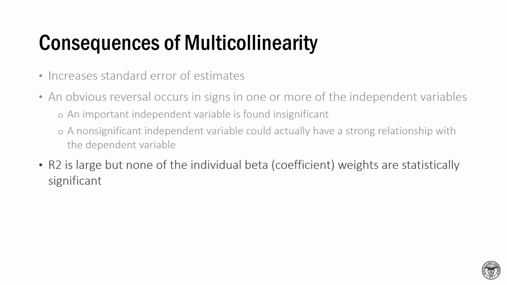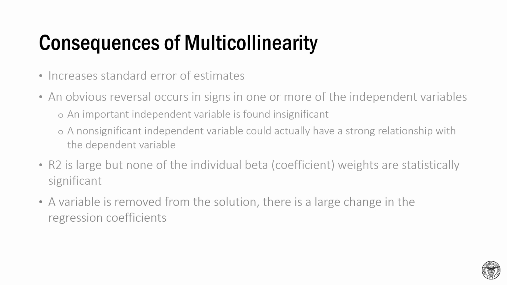Even if the overall R-square of a regression model is large, it is possible that none of the individual coefficients are statistically significant. Furthermore, significant changes in the regression coefficients can occur after a variable is removed from the model.